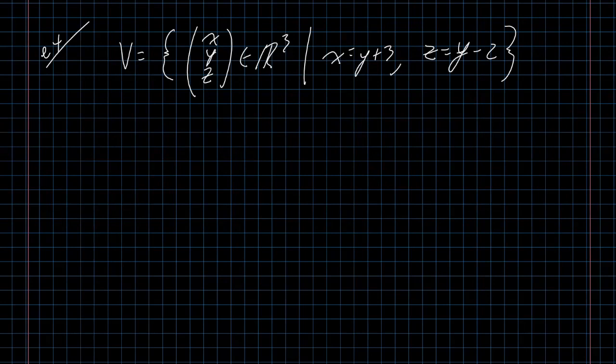We can show that it breaks down on either step. This particular set does not have the zero vector, and it is not closed under linear combinations, but showing that it doesn't have the zero vector is a little bit more elegant.